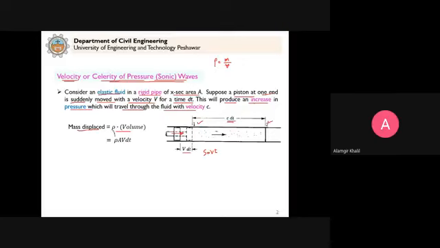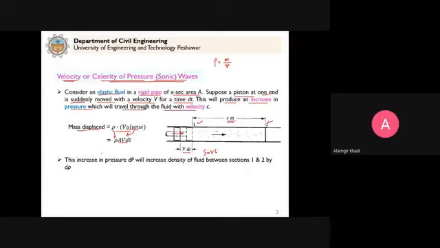The density is the mass density of the fluid, and this volume is equal to the product of area into velocity into the short time dt. So in the short time dt, this is the volume which is displaced, clear? The mass displaced will be density into this volume. From here you can see that area is square meter, velocity is meter per second, and then second, so we are left with the units of volume.